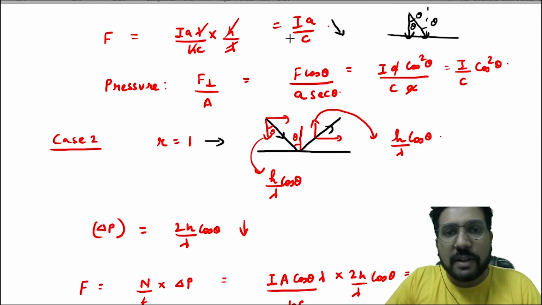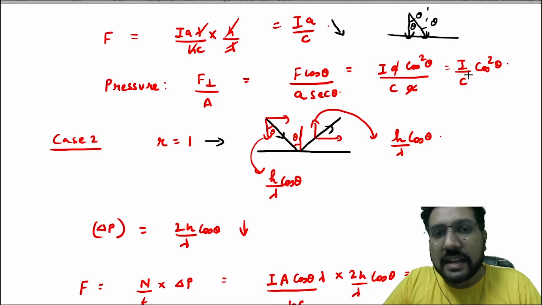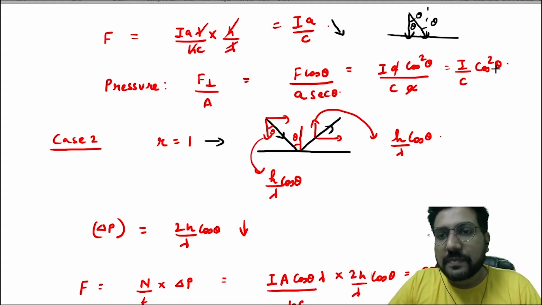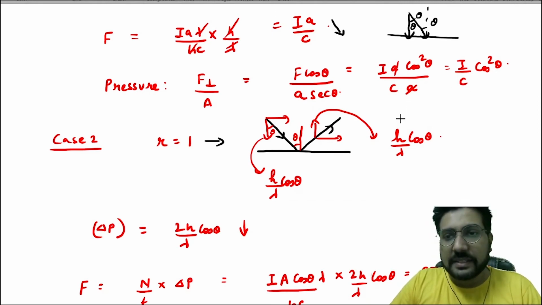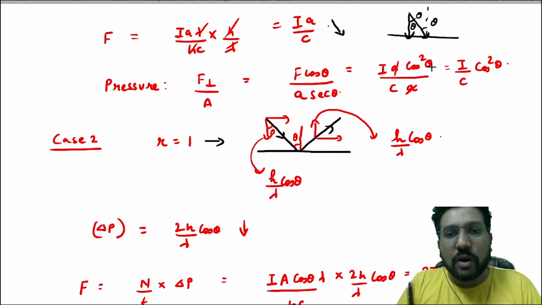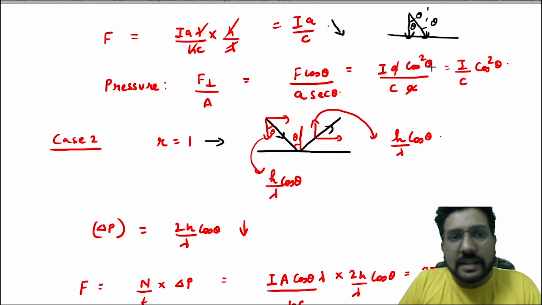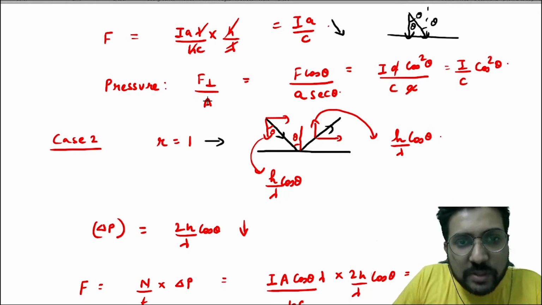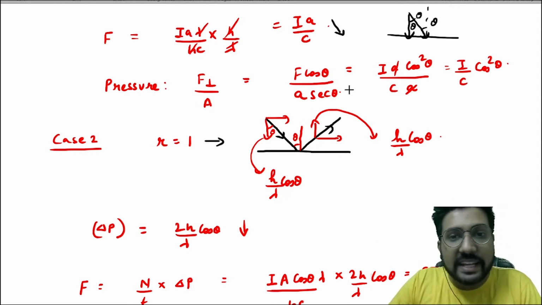If you put the value of F, you will get pressure is equal to I by c cos square theta. That means the formula of pressure is the same whether they give you the area of the beam or the area of the surface. Remember, here the pressure is force upon area of surface and not the area of the beam.